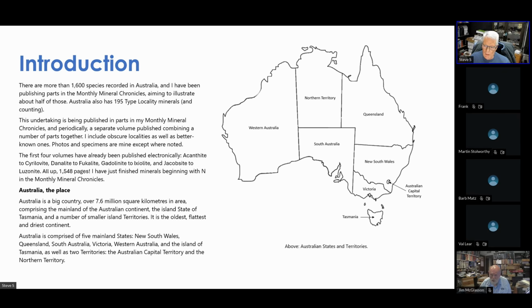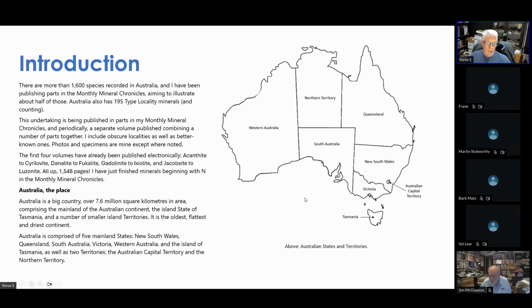So I live in Victoria down the bottom, lived for 20 years down in Tasmania, and have collected in Tasmania, Victoria, New South Wales and South Australia. There are lots of collecting spots elsewhere as well, but those are the main areas from my perspective.